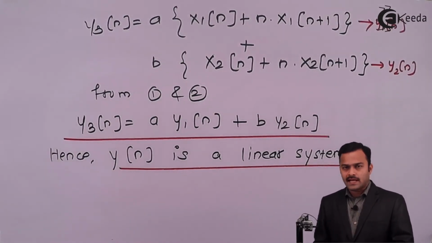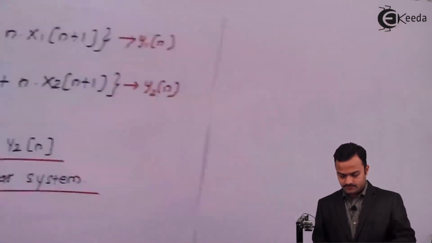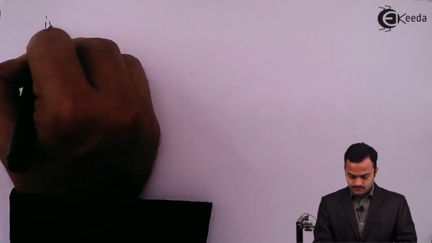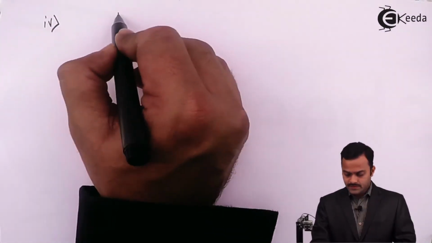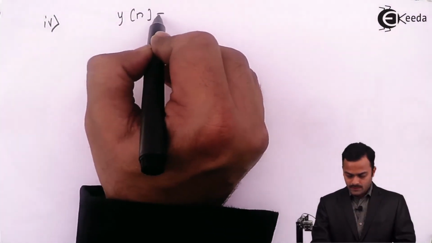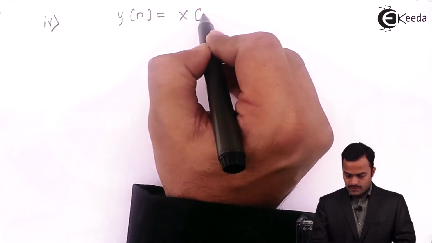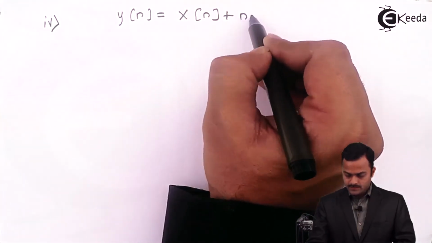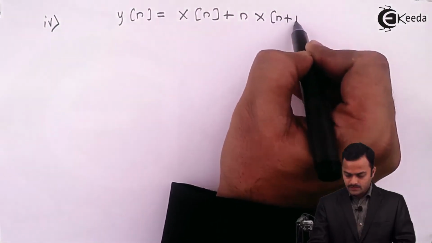Let's check for the time invariance. So system is y of n equals x of n plus n times x of n plus 1.